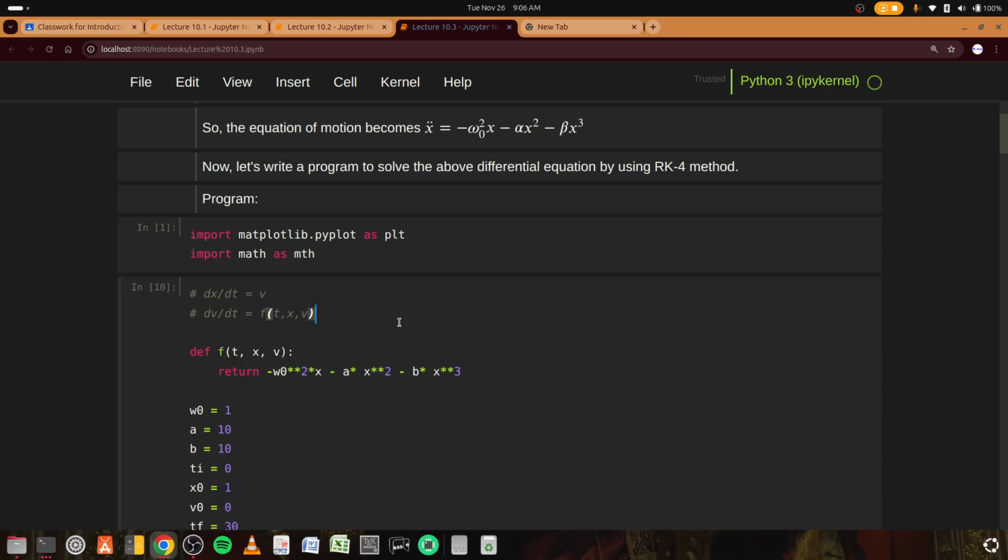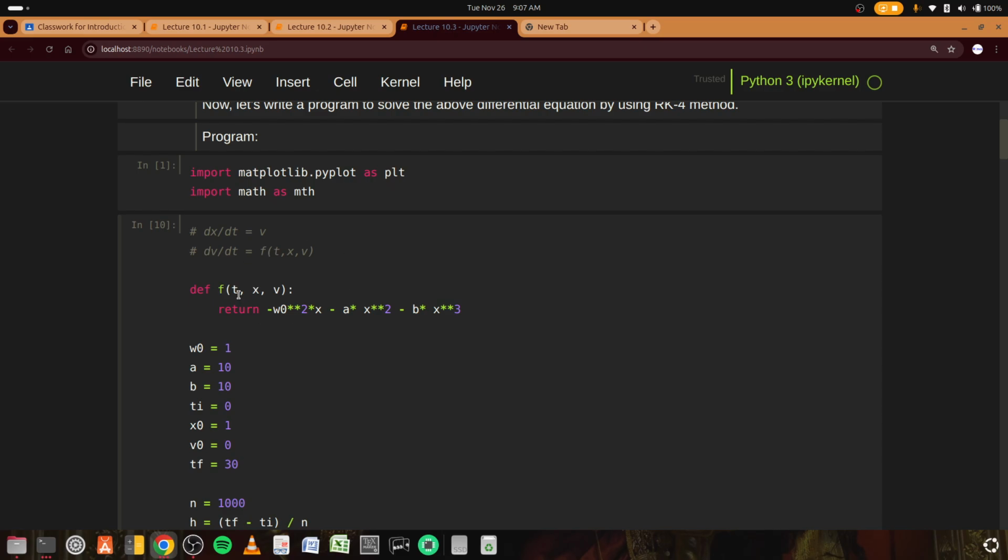So dx by dt will be equal to v, and dv by dt will be this function here, right? That is in terms of three variables, t, x and v. Why v is present there, I will explain it later.